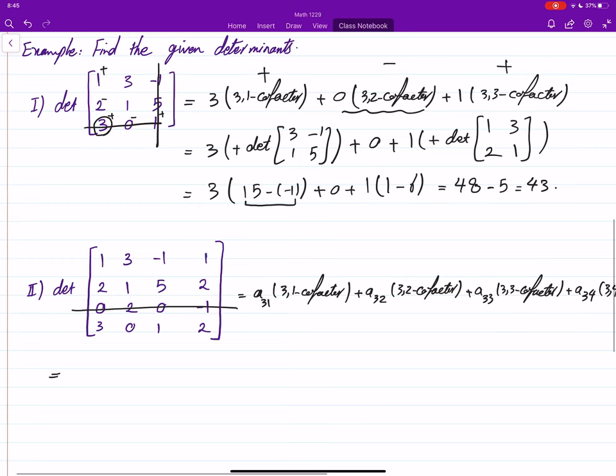Okay. How about the signs? 1, 1 entries plus, then minus, plus, minus, plus, minus. So this is plus, minus, plus, minus. A31, this is 0. I don't need to compute anything else. I'll just write this guy here, cofactor.